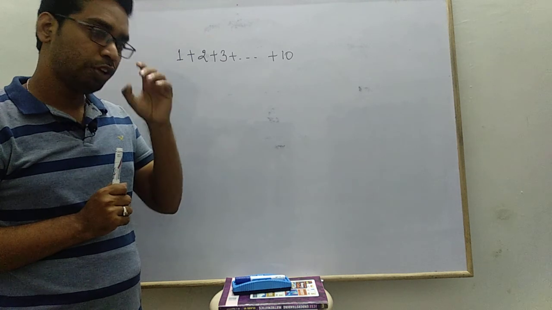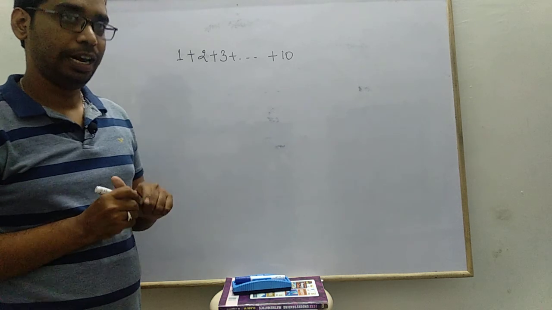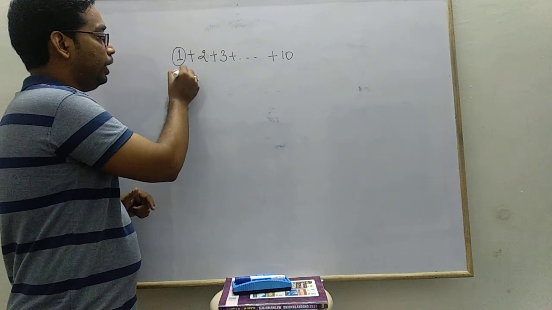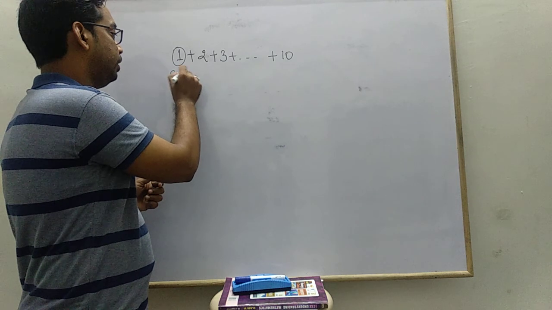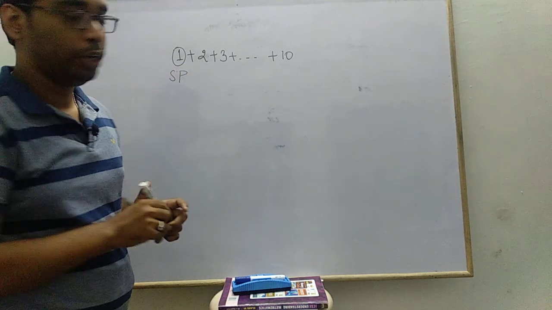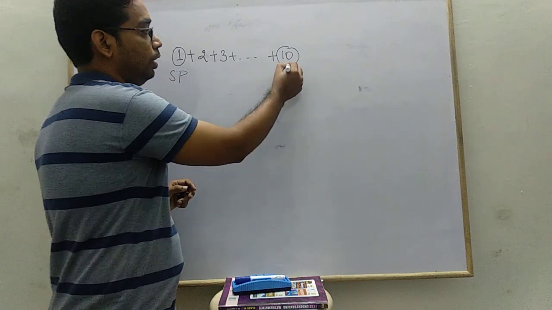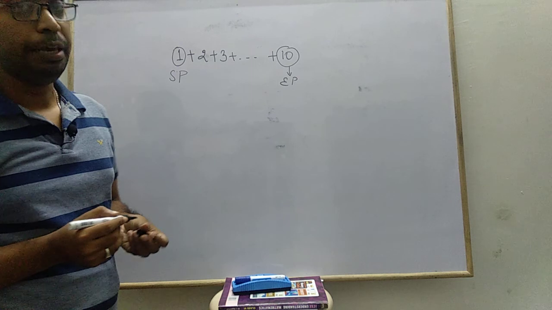So first of all, we need to find out the starting point, and according to the series the starting point is 1. I am going to write it as sp, the starting point. And what is the ending point here? It is 10. This one is the ending point and I'm indicating it with ep.